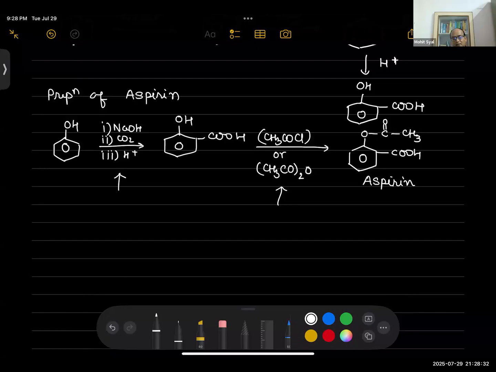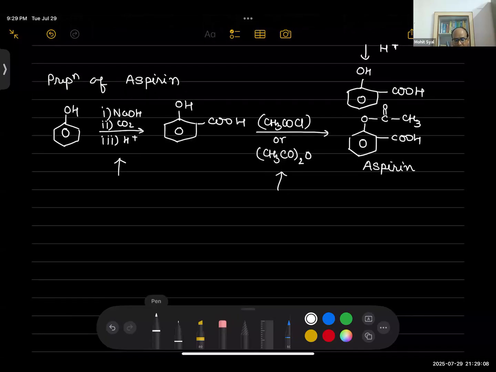And the second one is the acetylation of the OH group, right, that happens for the alcohol. And what are the acetylating agents? CH3COCl, right? Acetyl chloride or acetic anhydride. The second one is the anhydride, CH3CO-O-COCH3, right? So this is a very, very important reaction.